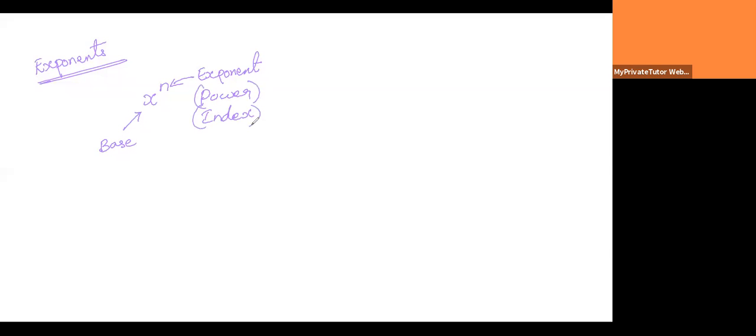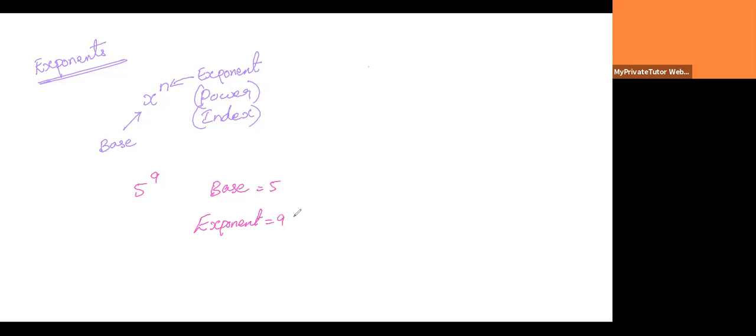I hope everyone understands the difference between the base and exponent. You might get a question: in 5 power 9, what is the base? The base is 5 and the exponent or power is 9.